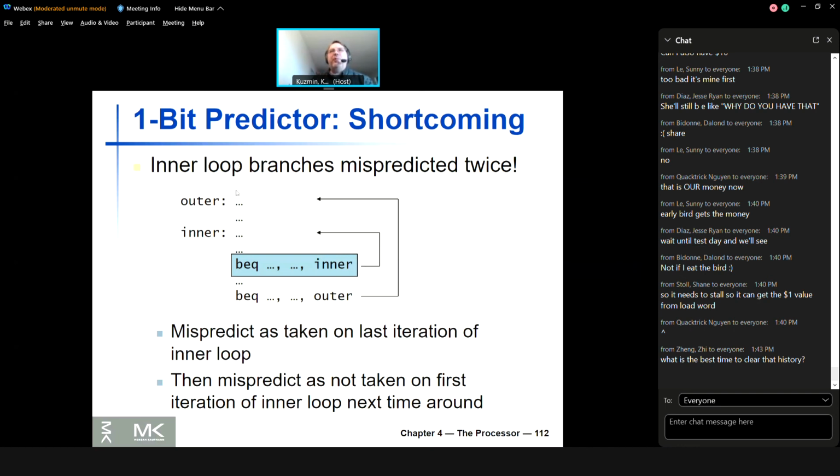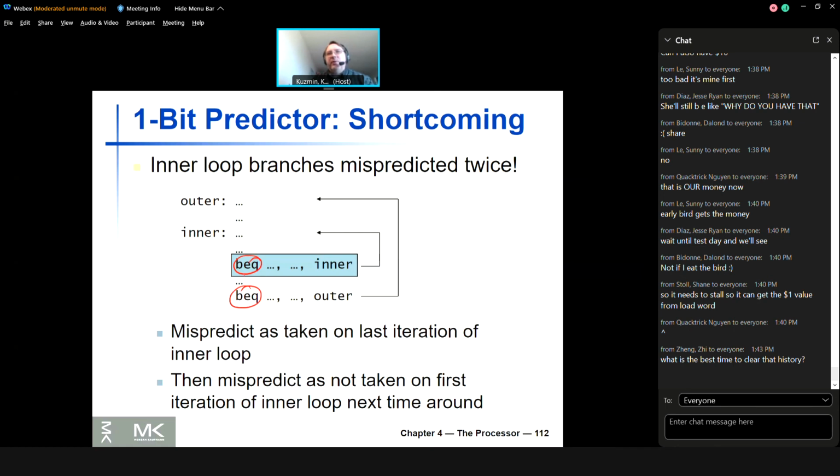All right. So the 1 bit predictor that we just discussed is simple, but it is not very reliable. Here's an example where it would mispredict twice. In this loop, it's a nested loop, so we're going to have a branch for the inner loop and a branch for the outer loop.